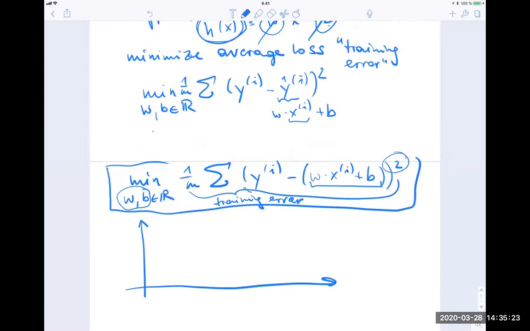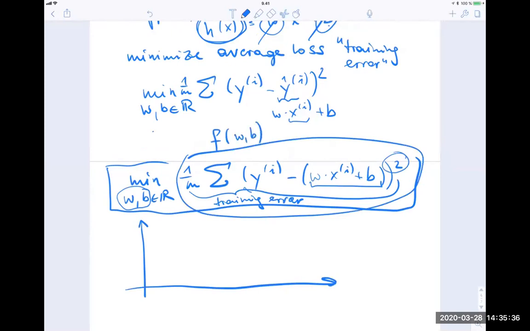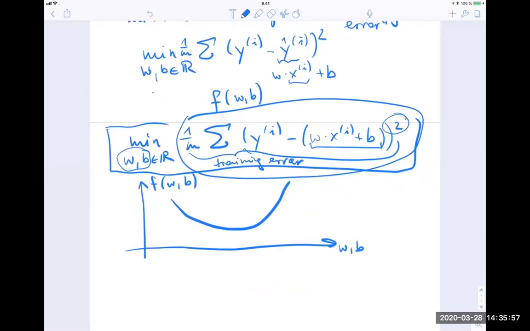via the cost function, let's say the objective function, let's denote this function. This is some function or cost function of the parameters W and B. So if we look at the shape of this cost function that we want to optimize, it has a very nice shape. Let's first discuss why this is a nice shape.